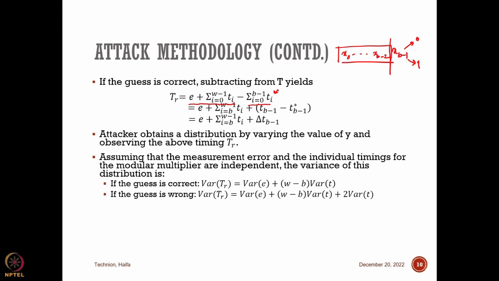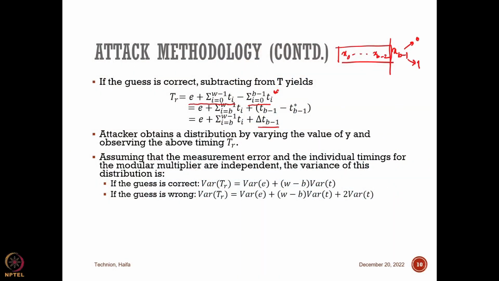Therefore, if you calculate the difference, 0 to b minus 2 will get cancelled out, because the execution will exactly match that of the attacker. When you are processing x0, if your code has 0, the attacker's code also has 0. If your code has 1, the attacker's code also has 1.